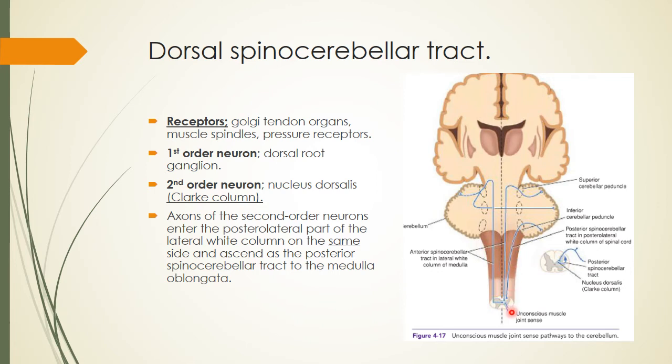So because the cerebellum controls the ipsilateral side, these fibers do not cross. This tract consists of uncrossed fibers. They will ascend on the same side as the posterior spinocerebellar tract up to the medulla oblongata, from where it joins the inferior cerebellar peduncle to reach the cerebellum.